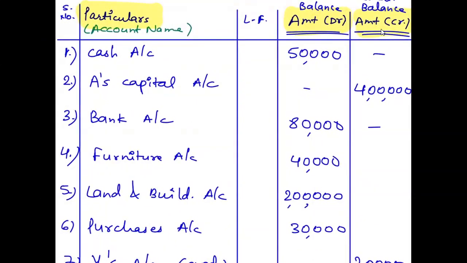What you can see as the first account, that is the cash account. Tell me everyone, whether the cash account is an asset, is a liability, it is an expense, or it is an income. Everyone, tell me what is cash?